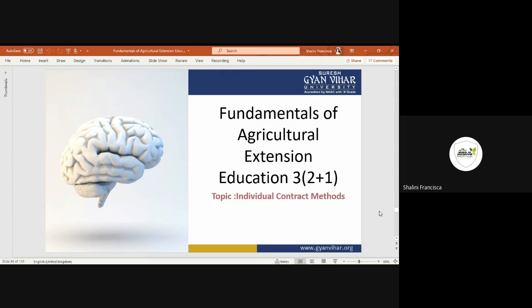All the programs should benefit the farmers according to their local condition, their cultural condition, and their on-ground requirement.